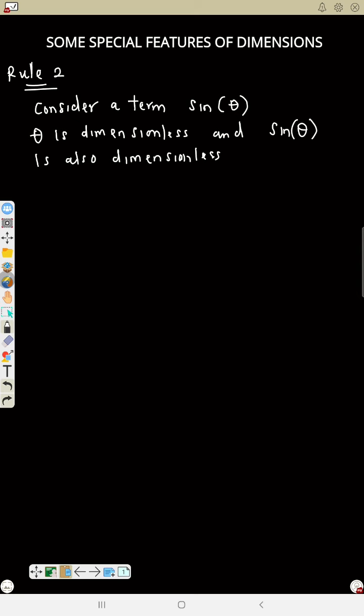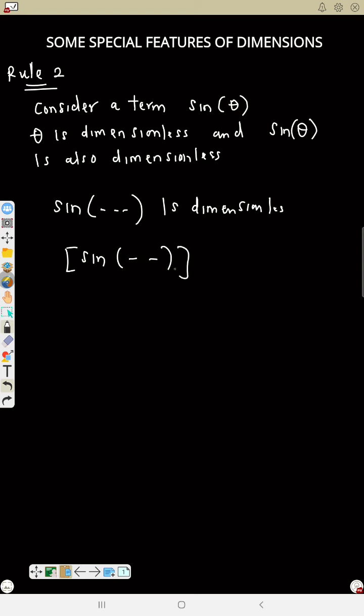So whatever comes inside sine, in short, sine of anything, what is inside is dimensionless, and the entire sine, including what is inside, is also dimensionless. Please take note of that.